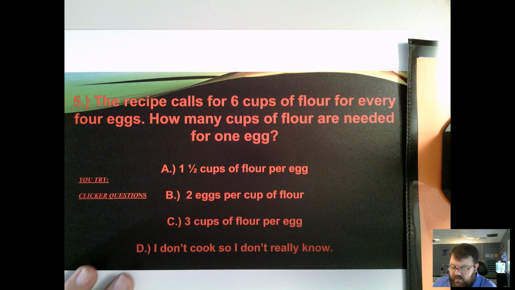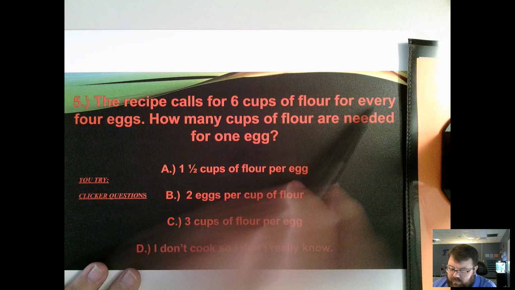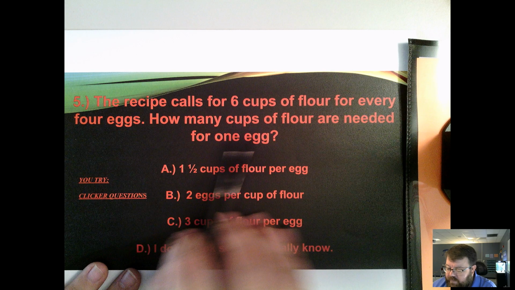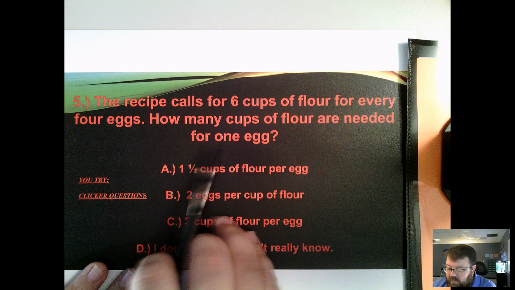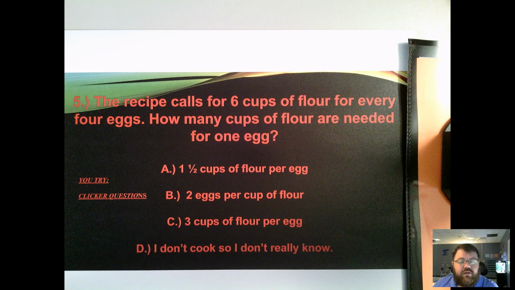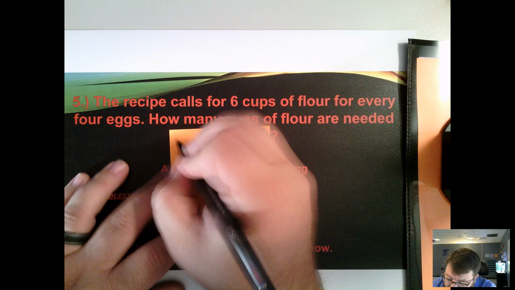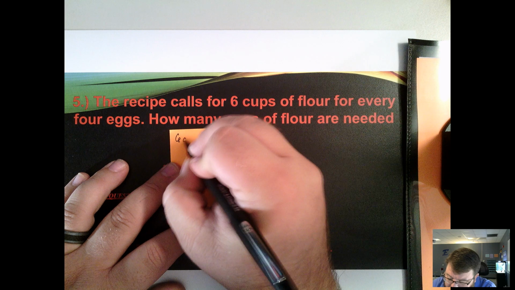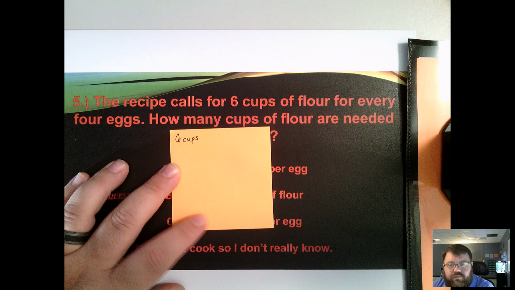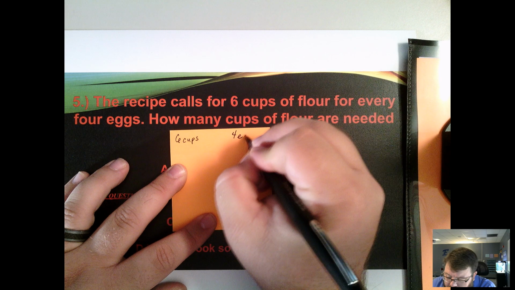Number 5. The recipe calls for 6 cups of flour for every 4 eggs. How many cups of flour are needed for 1 egg? Pause the video and solve. All right, the two numbers that I have in my problem are 6 cups of flour and 4 eggs.